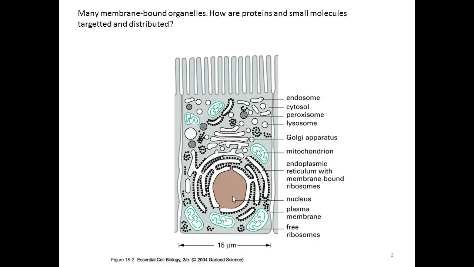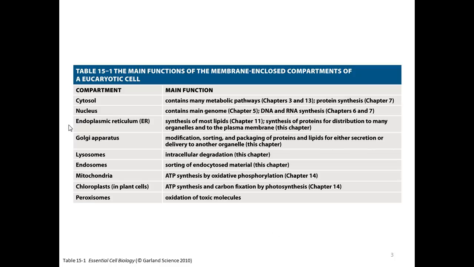And this is a pictorial representation of the problem. Remember, proteins are made in the cytosol and at the rough endoplasmic reticulum, but there are a lot of locations where proteins might need to end up. So the question is, how do they get there? For the cytosol, the answer is rather straightforward. It's that where they're made.